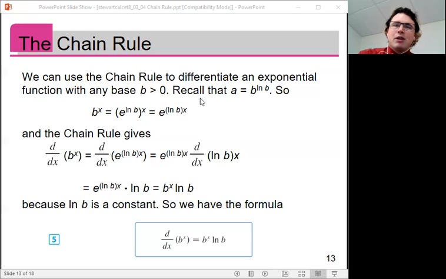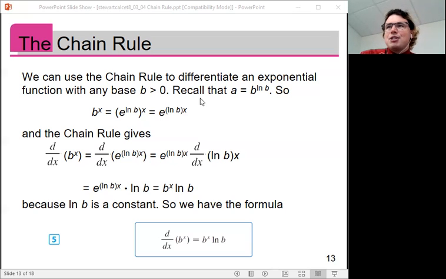If I'm going to take the derivative d on dx of the exponential function b to the x power, that's the same as d on dx applied to e to the power natural log of b times x. So we're going to say that the outside function here is the natural exponential function, e to the power x, which is its own derivative.